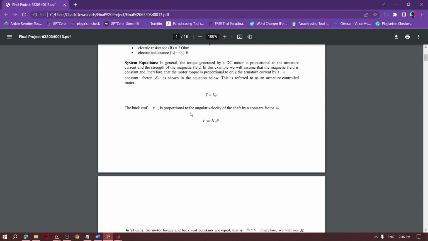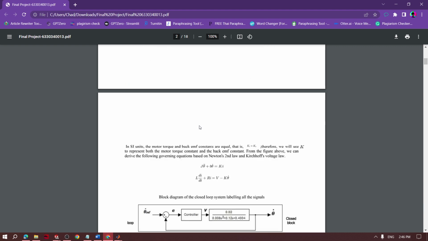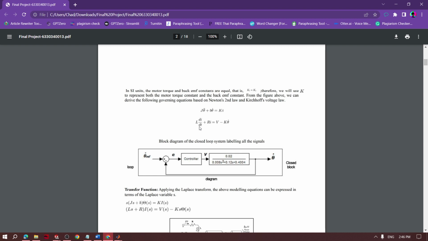So E is equal to Ke times the angular velocity. In SI units, the motor torque constant Kt equals Ke, and K will be used to represent the motor torque and the back EMF constant.